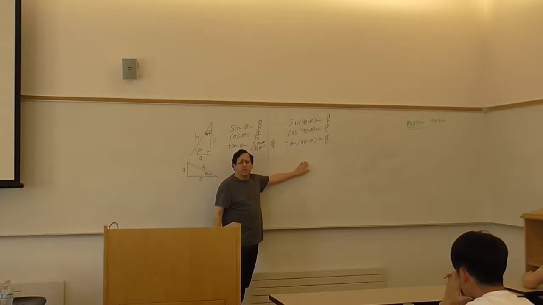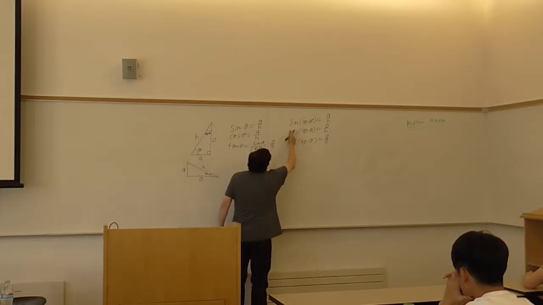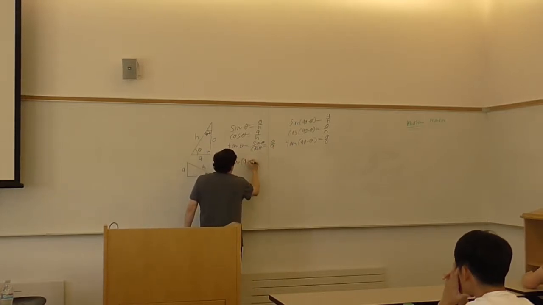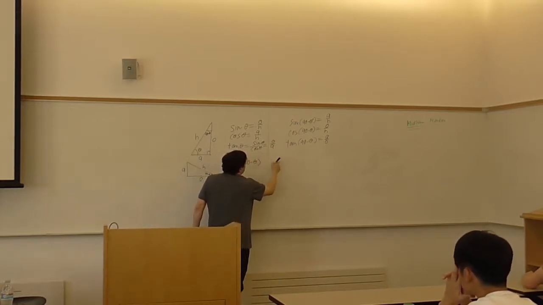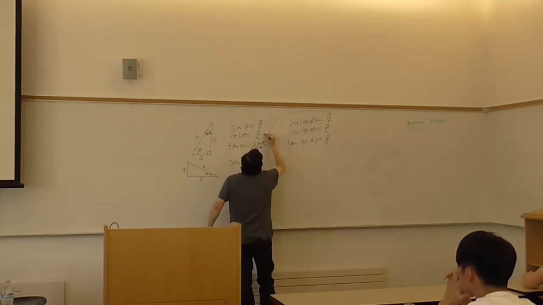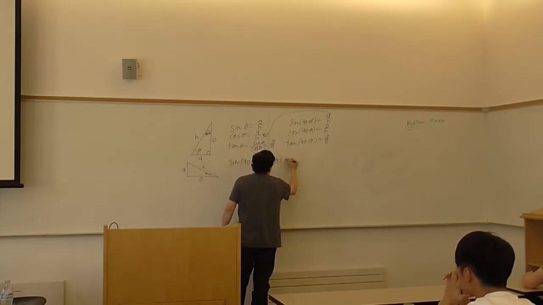And I'm going to use the word identity. I'll explain what I mean by that in a second. But we can see that the sine of 90 minus theta is A over H. That's just cosine of theta.